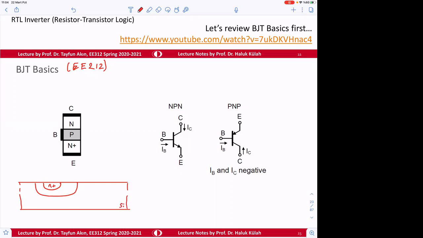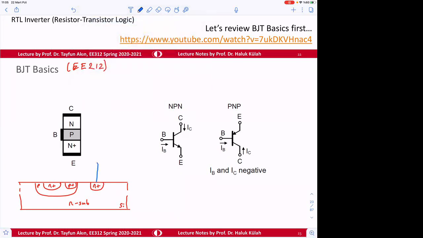And then this is the P type region, and in order to get a good contact to the P region, we make P plus here, and then this is the N region and substrate, and in order to get a good contact to the N substrate, we make N plus here.